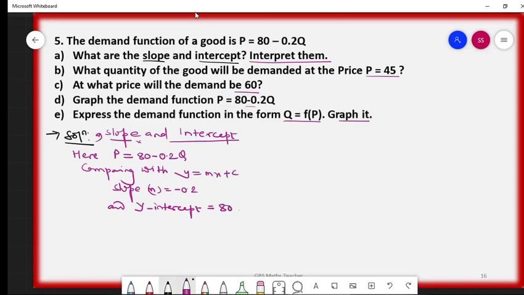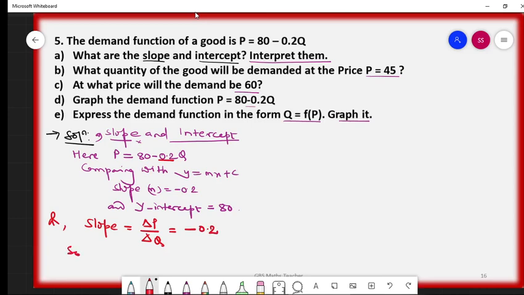This is our normal practice. But in economics and mathematics, in this financing part, we have to find that the slope is delta P by delta Q, that is the coefficient of Q, that is minus 0.2.